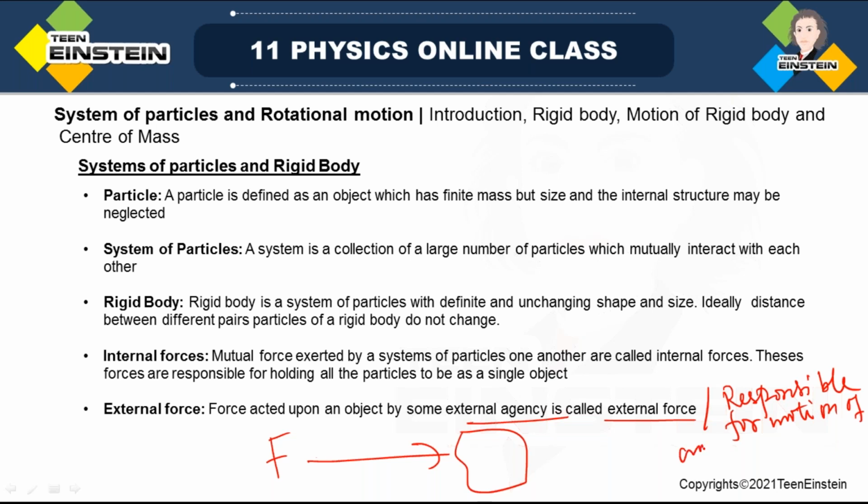Obviously, if more than one external force acts in equal and opposite directions, then the body may not have any velocity, may not have any motion, but that is called an equilibrium situation.